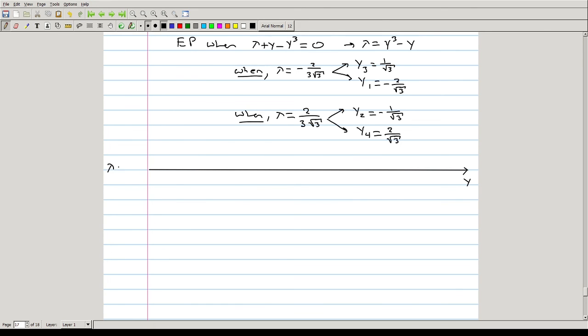So when lambda is less than negative 2 over 3 times the square root of 3, and we'll put 0 here, and we'll put a spot for y1, a spot for y2, a spot for y3, and a spot for y4 on this diagram right here.